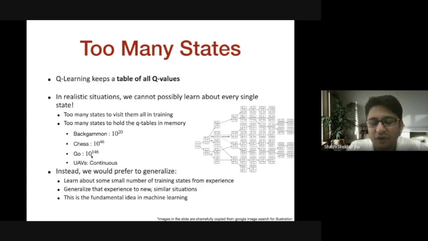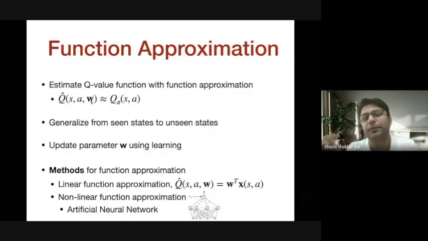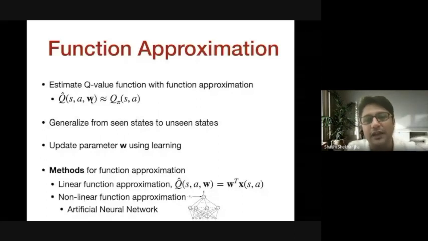One answer to it is called function approximation, where we say, you know what, I'm going to generalize these state actions with a set of parameters called W. So I'm going to fix a set of parameters for each state action pair. And now instead of storing this table of Q values, I'll just focus on learning these parameter values, which could be 5 or 10 parameters or 20 parameters or whatever.